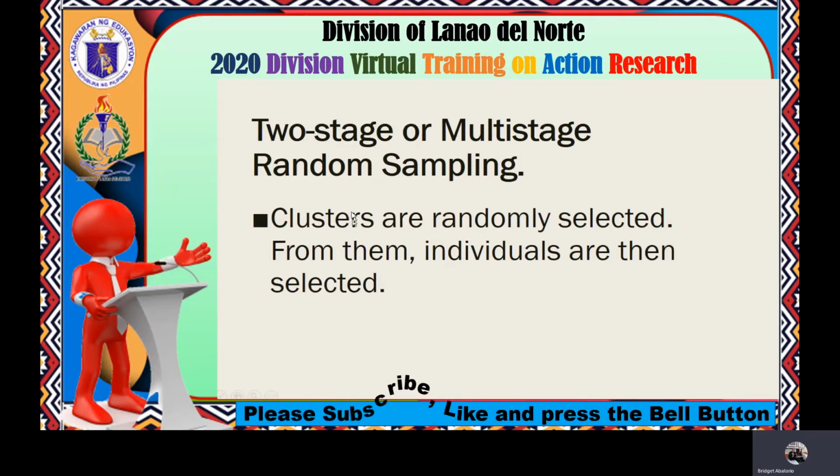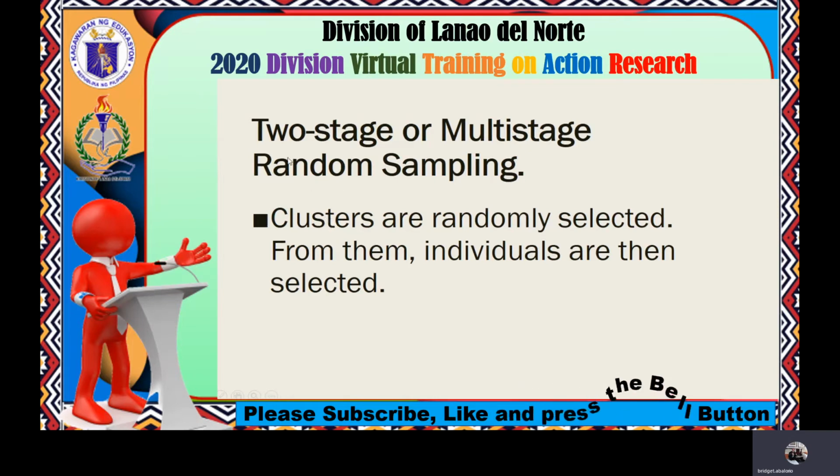You cannot really get one learner from Misamis Oriental, one learner from Misamis Occidental, one learner from Ozamiz, one learner from Lanao del Norte. You cannot do that. However, you can decide what particular schools division you are going to conduct your study in, and then from that schools division, you select individual pupils as participants.